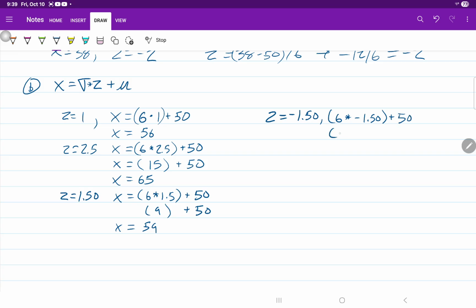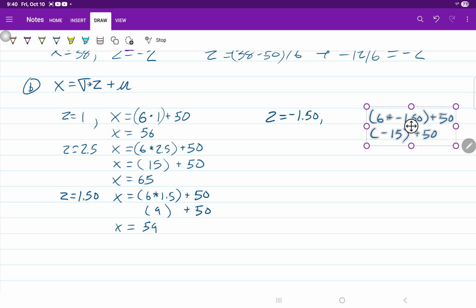And in this case, this will give us negative 15 plus 50, which is going to give us x equals 35.